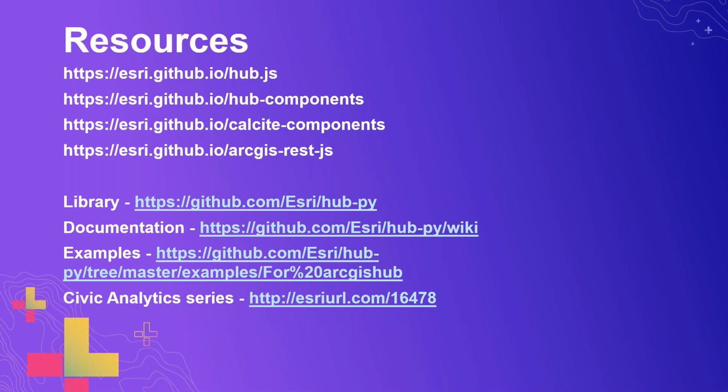The way the Hub works is however you need to authenticate against your portal, at the end of that process, the Python API or the JavaScript API ends up with a token, and then the rest of the requests are just sent with the token. So hopefully that answers your question, but it's below the Hub level in terms of the Esri stack where you set up Active Directory authentication.